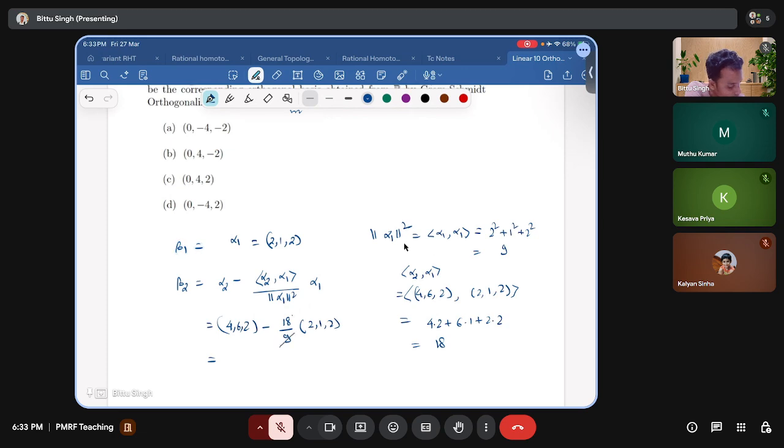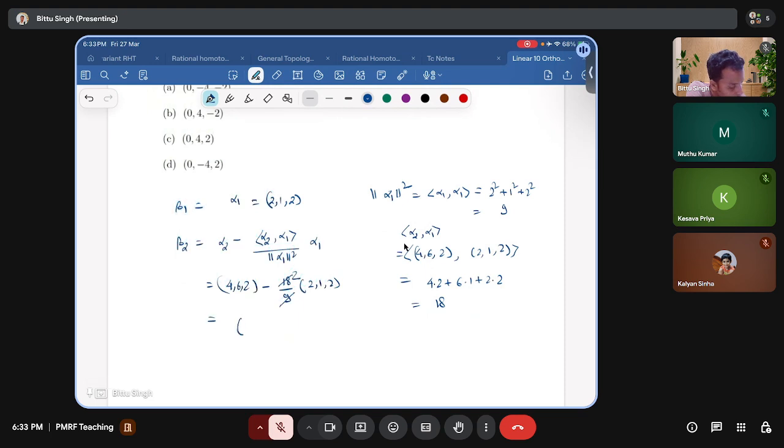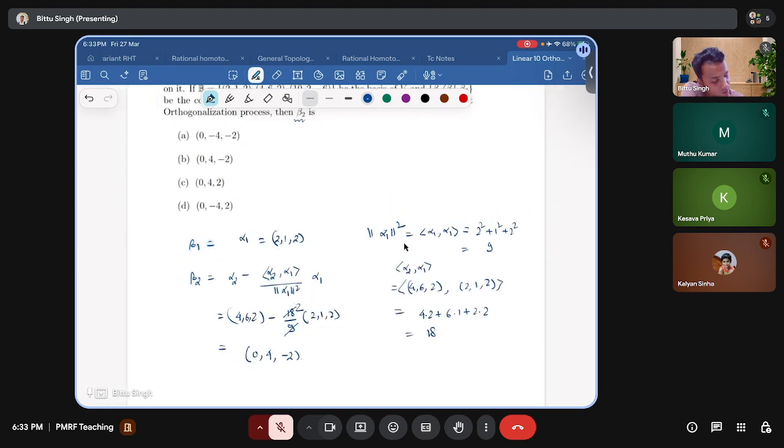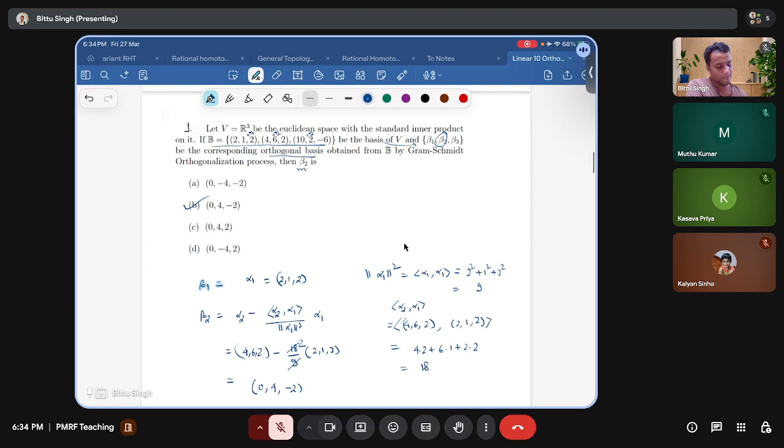So this is actually 2 times (2, 1, 2), therefore 4 minus 4 which is 0, 6 minus 2 which is 4, and 2 minus 4 which is minus 2. Therefore the second vector beta 2 is given by (0, 4, -2).